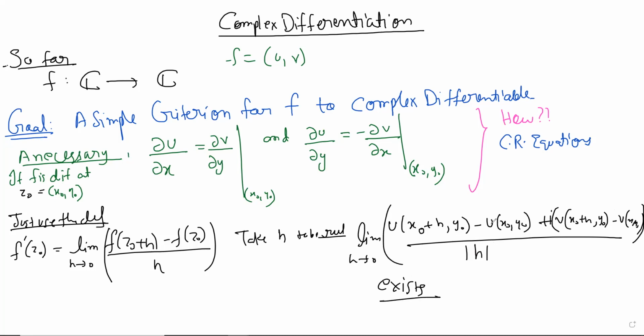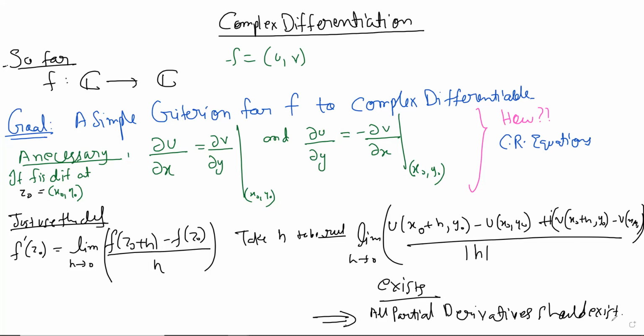We all know that if this limit exists, then the real part limit should also exist and the imaginary part limit should also exist. So what this implies is that all partial derivatives, meaning the derivatives of u with respect to x or with respect to y, and for v also, all partial derivatives should exist.